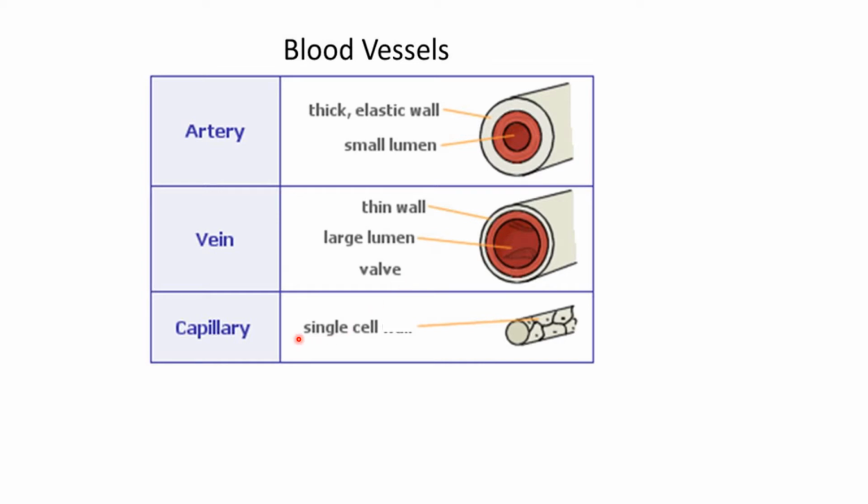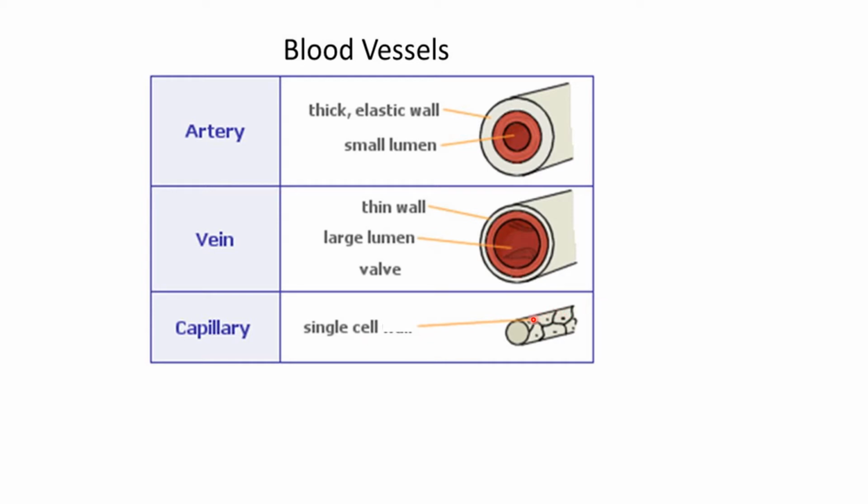And capillaries. Capillaries are the smallest vessels, and these have the walls 1 cell thick, and exchange of material between the blood and surrounding cells takes place across this thin wall, which you can see here.